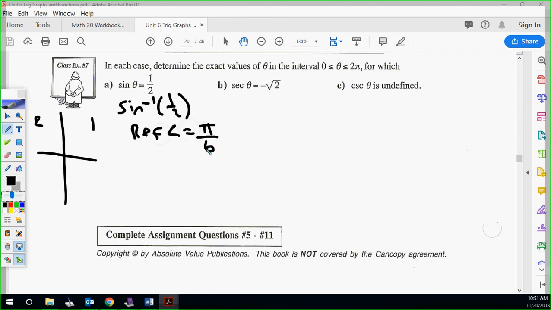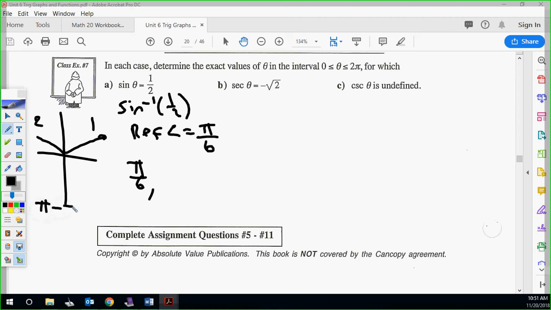So we got 1/6. That means your reference angle is pi over 6. Does that make sense? Okay, pi over 6, is that an answer? Yeah, because we're in quadrant 1. That is one of our answers. Then we have to go what to get this one?